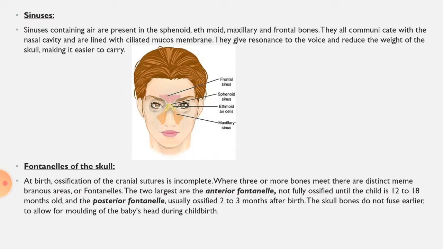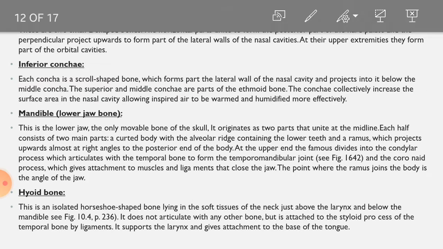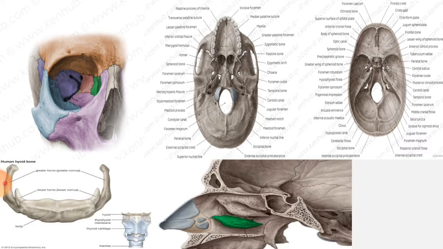Okay. Another important thing that you should know is we divide the cranium into two parts. There is a vault, or the outer covering of the skull, this one here, and we call it the vault of the skull. And then comes the base of the skull. When we remove the vault of the skull, this is what we get.